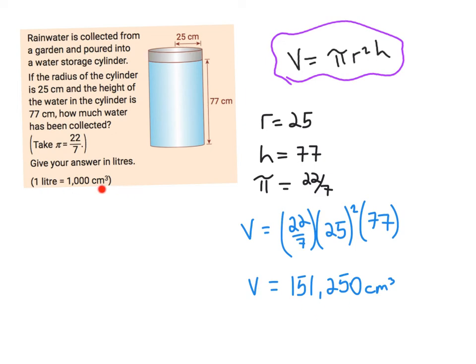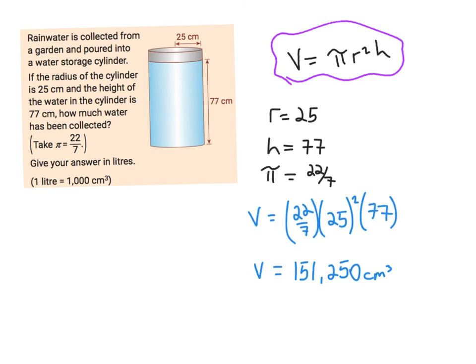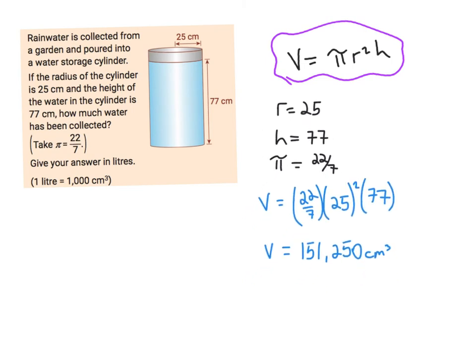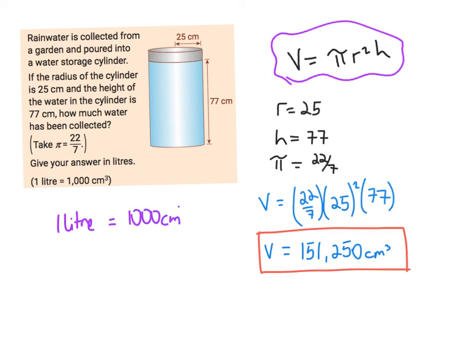Now, in our answer, we're asked to give it in litres, and we can see they've been very kind to us here and told us that 1 litre is 1,000 centimeters cubed, but that's something that we know anyway. So here we have 1 litre equals 1,000 centimeters cubed, and we also know that if we want to change from centimeters cubed into litres, all we do is divide.